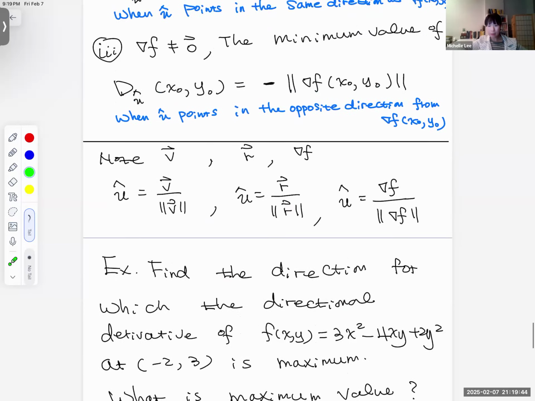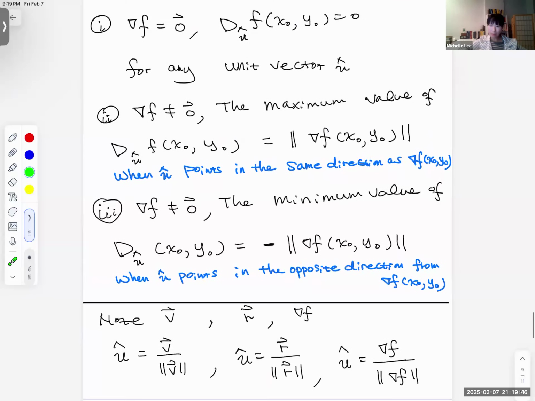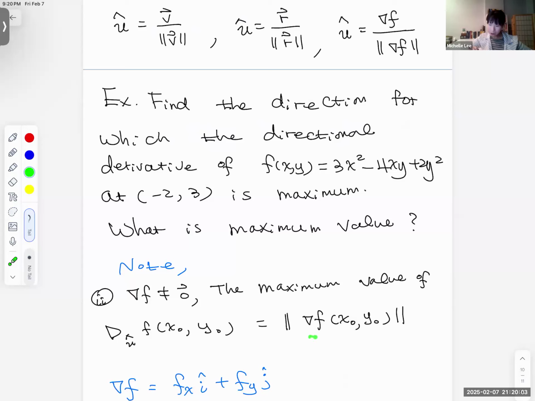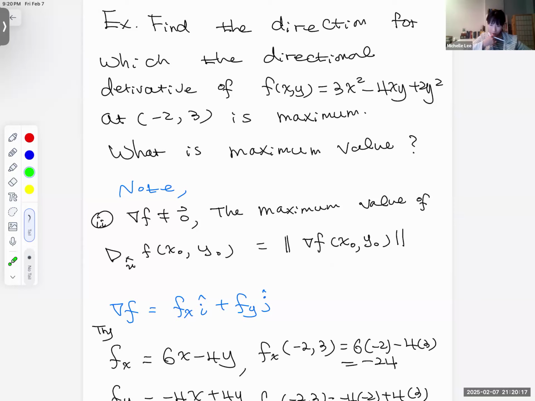Number two says we can find the maximum value, the same as the directional derivative in the direction of u, which is the magnitude of the gradient at negative 2 and 3, right? Okay, let's do it.